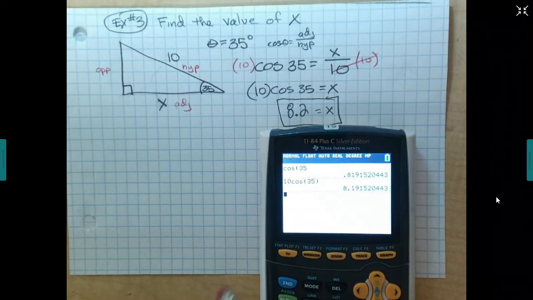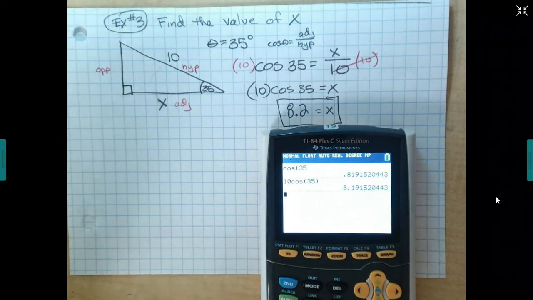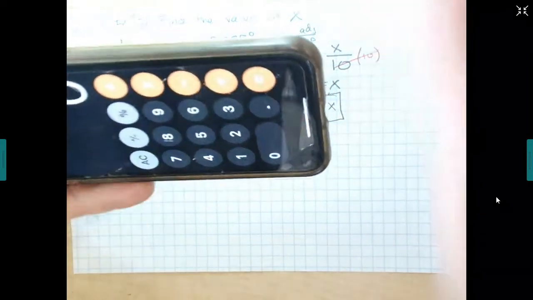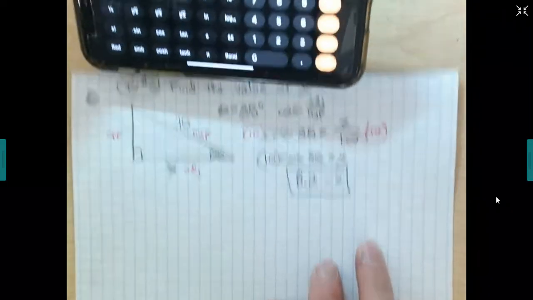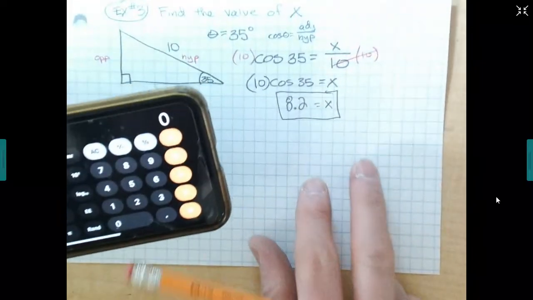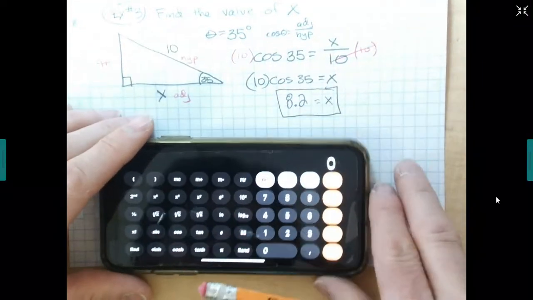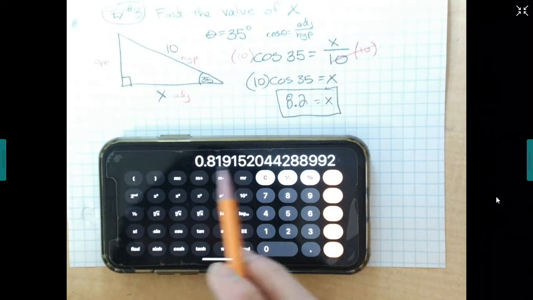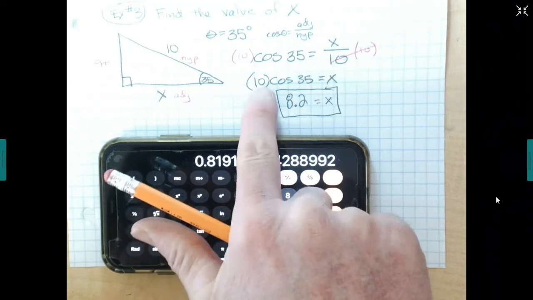Now, if you want to use your phone, you can go to the calculator, and we'll put in 35 cosine, we get a number, and then we multiply that number.